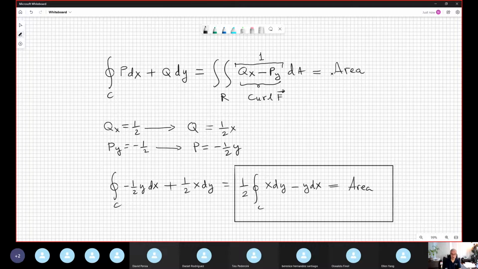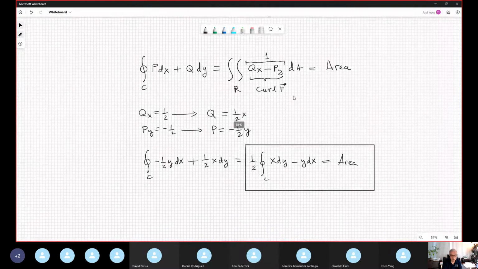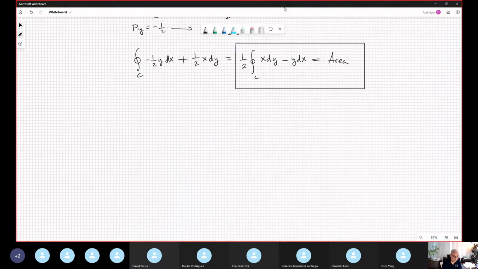We can compute the area without trying to find formulas, or fighting inside the region. You're moving along the curve like a perimeter, and using that formula, boom, you compute the area enclosed by the closed curve, of course. I bring one example, super easy, but you can apply the formula to a more complicated example.